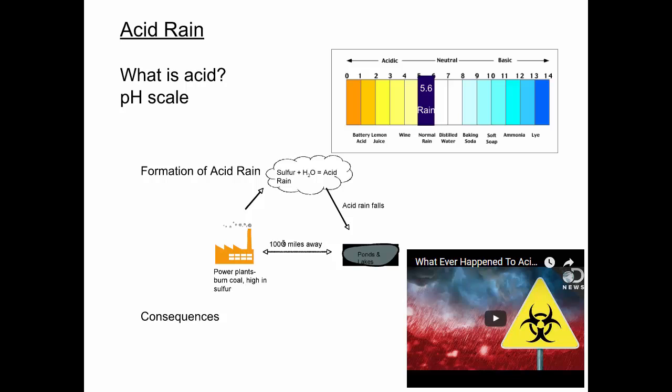And that sulfur combines with water and forms sulfuric acid. And that brings the pH of the rain lower, making it more acidic. And then that rain falls to the earth, and it can do damage to ecosystems.